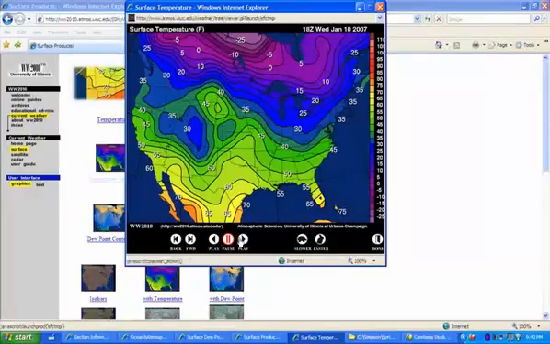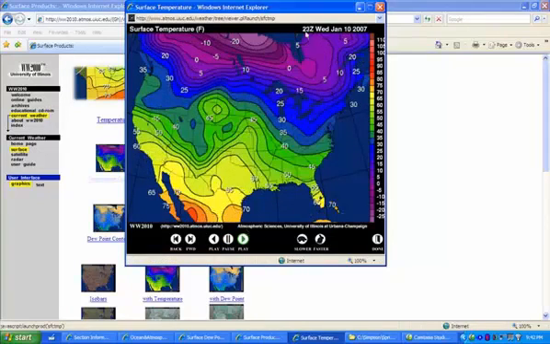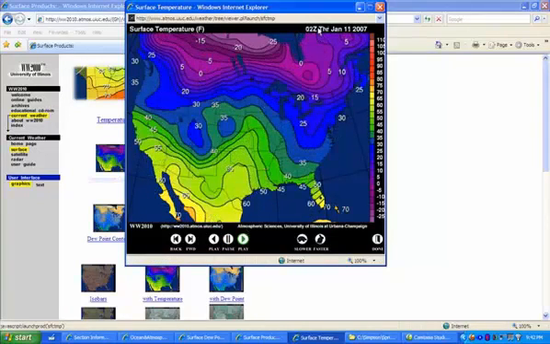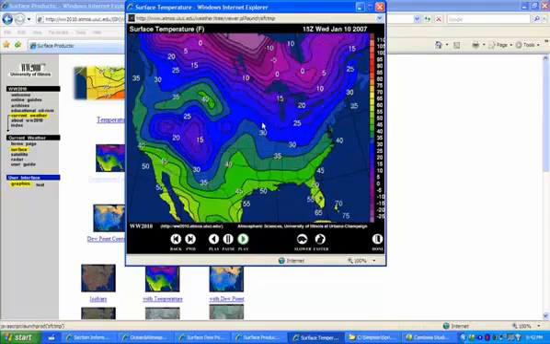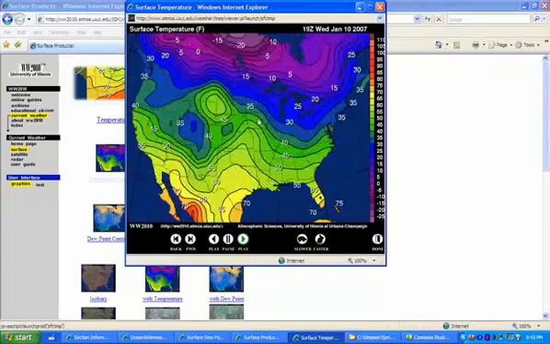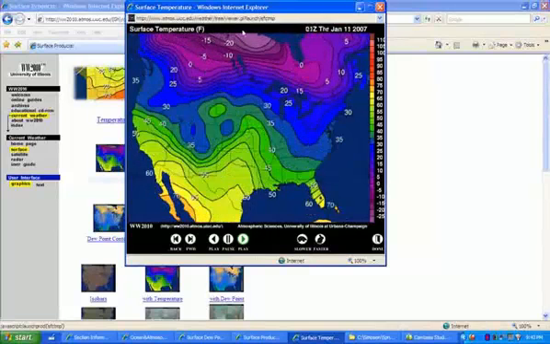Well, let's just go ahead and animate this. And we'll see as we go from 21, 22, 23 on up, temperatures begin to warm. This morning, we see temperatures warming as we go through the day into Iowa, and the cold air staying at bay up in Canada.